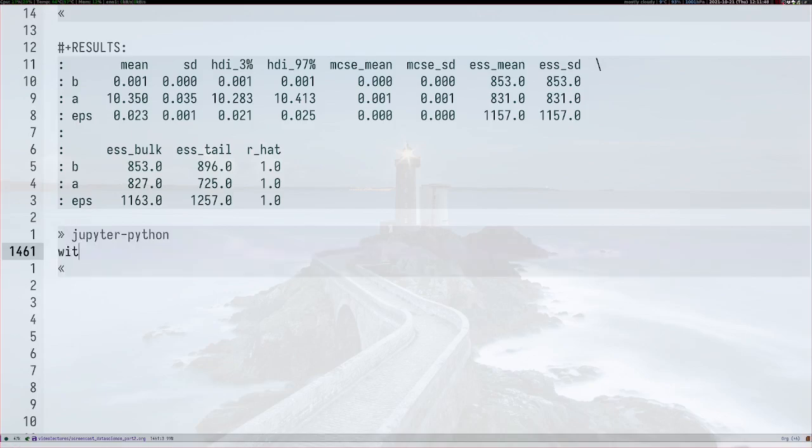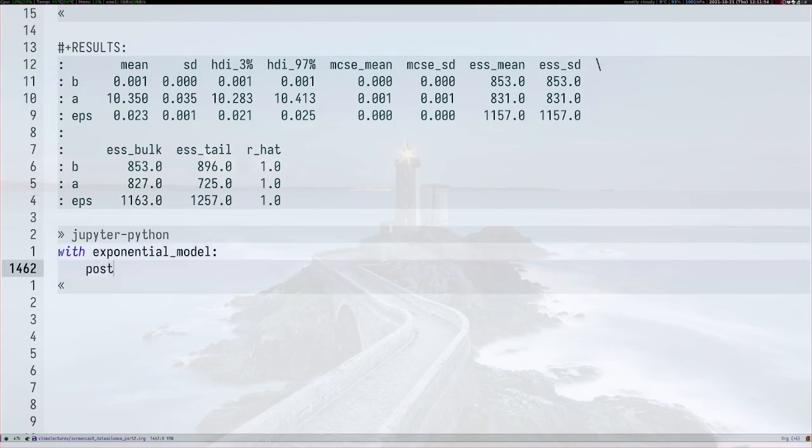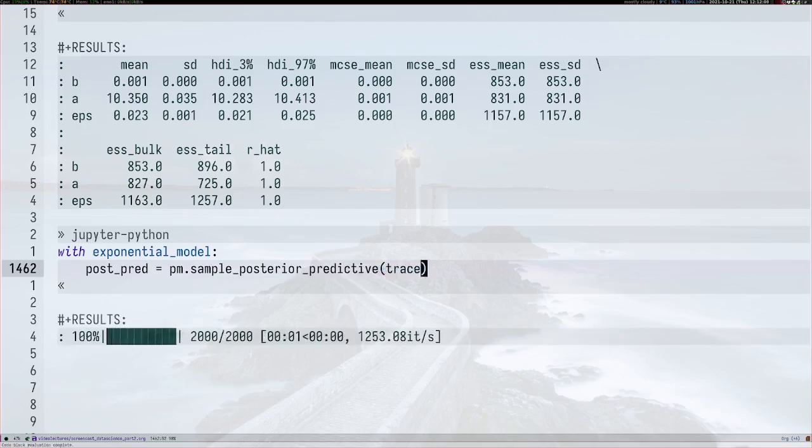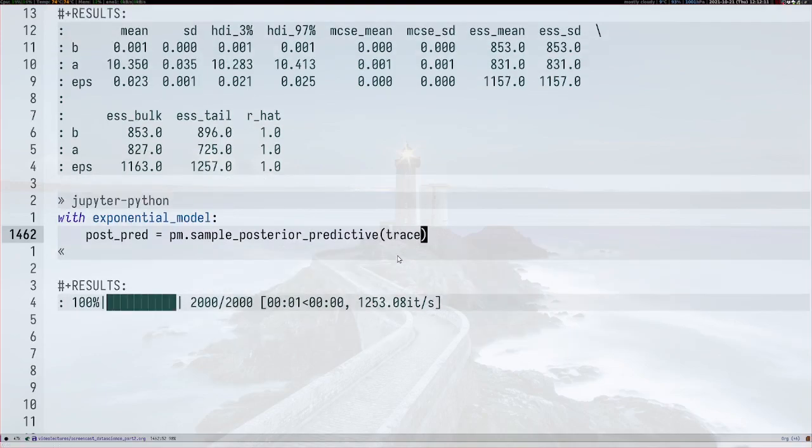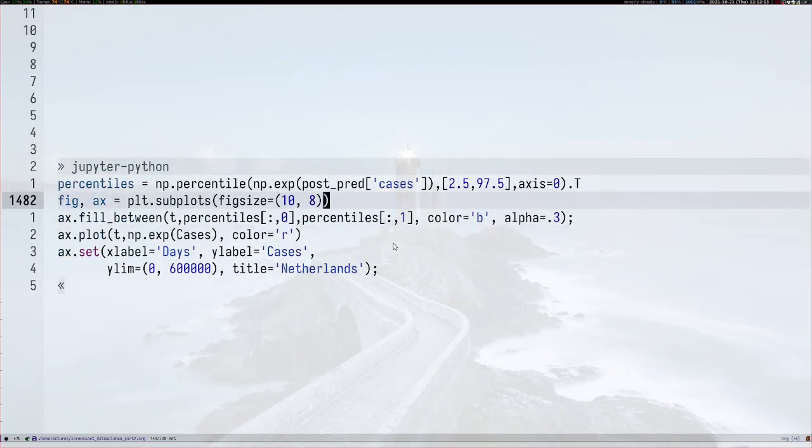So we say with exponential model, the posterior predictive equals PM sample from the posterior predictive of trace. So when that's done, we can start plotting our model.